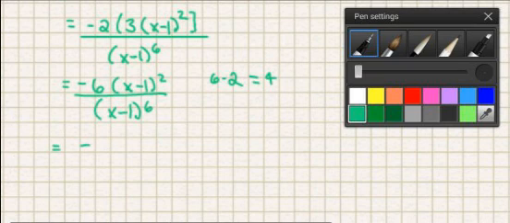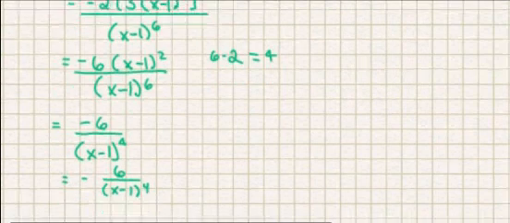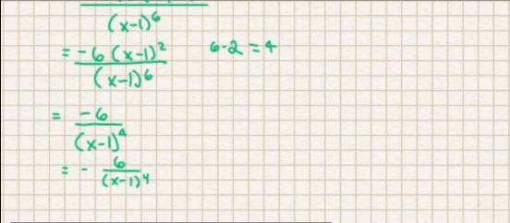So you're going to have negative 6 over x minus 1 to the power of 4. I like to write it like this. And that's your answer for your third derivative.